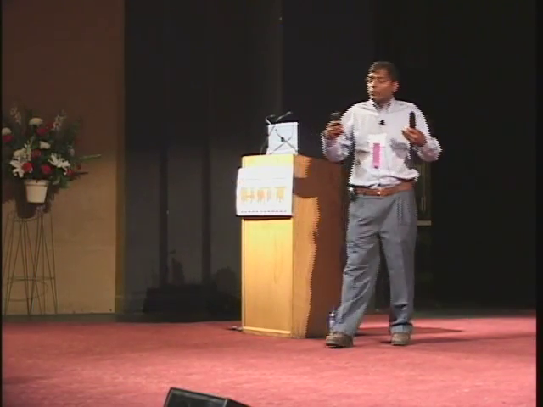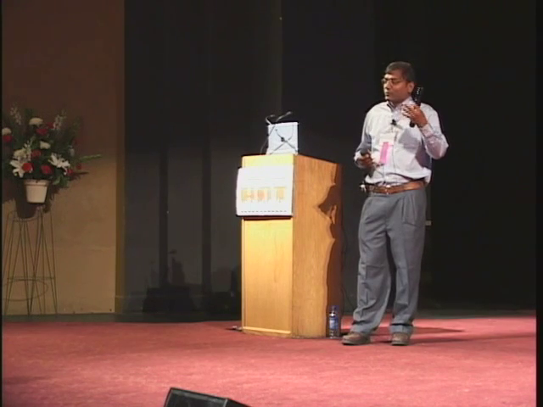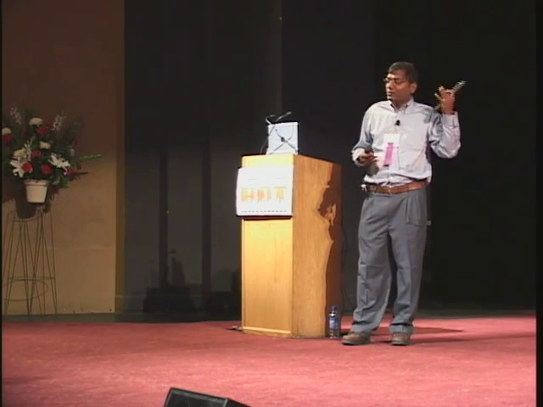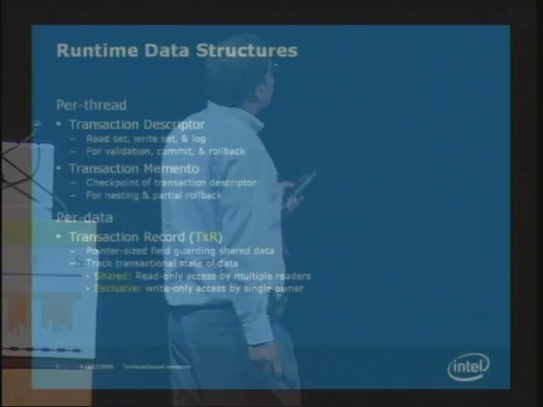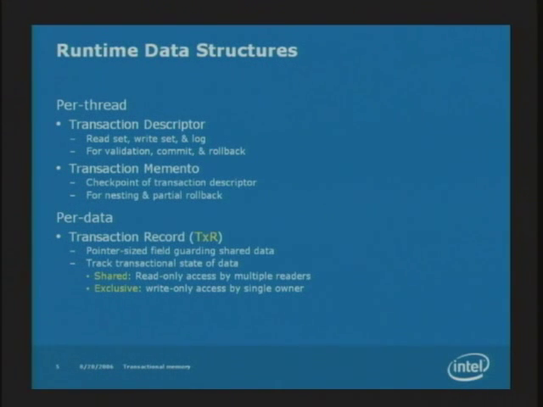You can almost visualize it as using these per-data metadata, or transaction records, to emulate some kind of coherency mechanism in software. The transaction record can either be in an exclusive state, which means only one particular thread can read or write that data, or in a shared state, which means everyone is allowed to read that data.